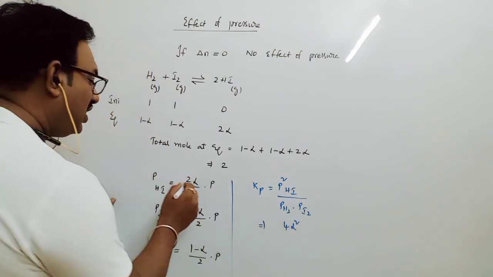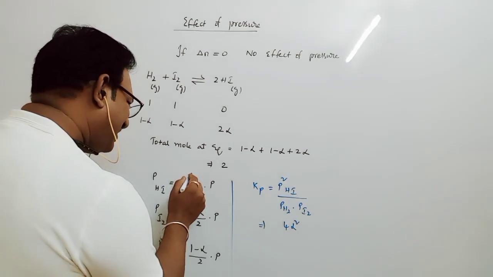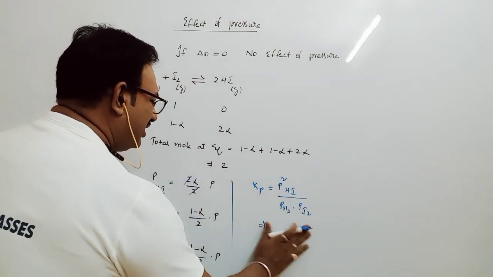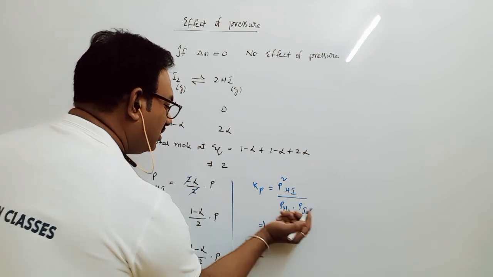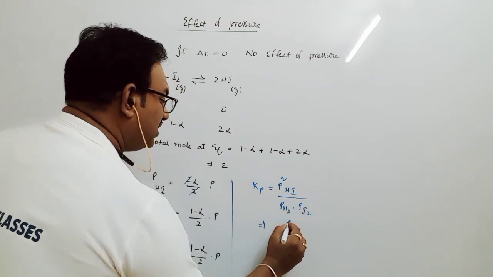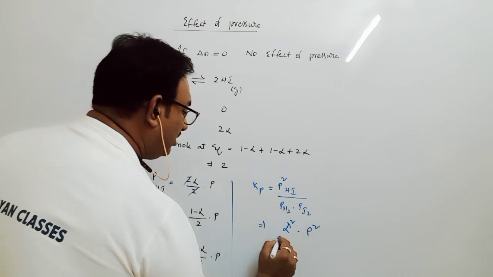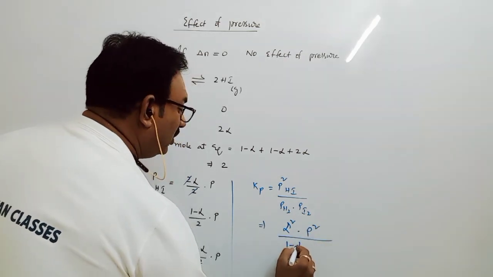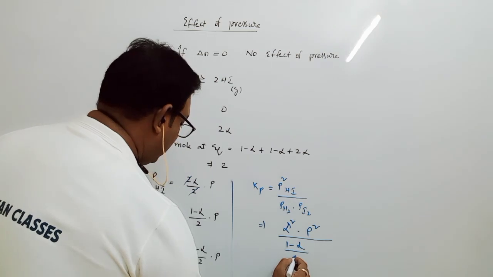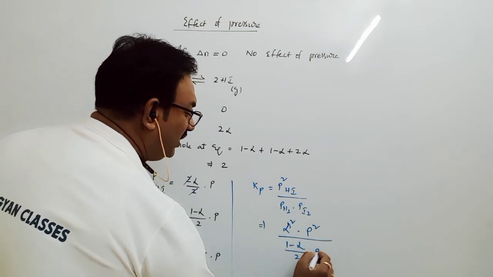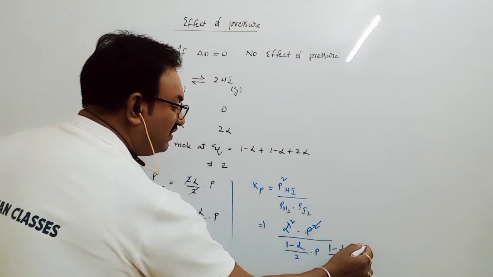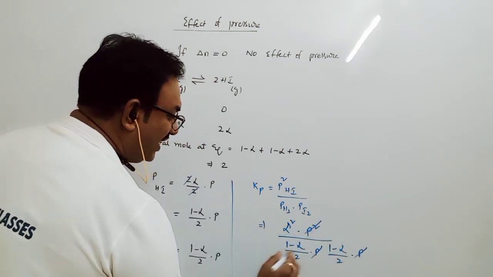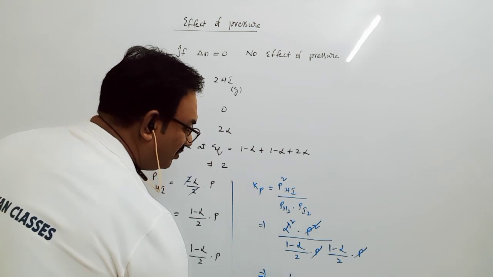So 2 alpha by 2, ये कैंसिल हो जाएगा. तो यहाँ alpha square into P square by 1 minus alpha by 2 into P, 1 minus alpha by 2 into P. So P square, P get cancelled. तो यहाँ पे क्या मिला आपको?